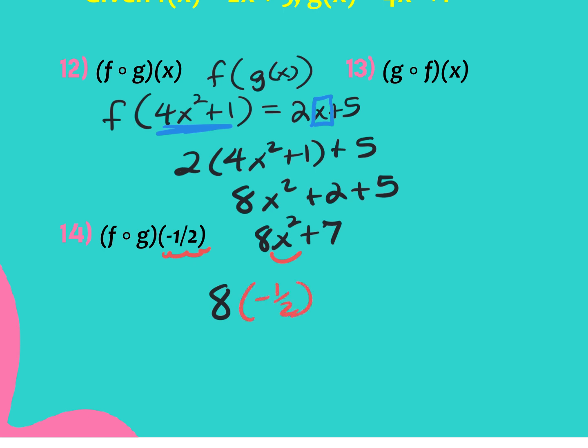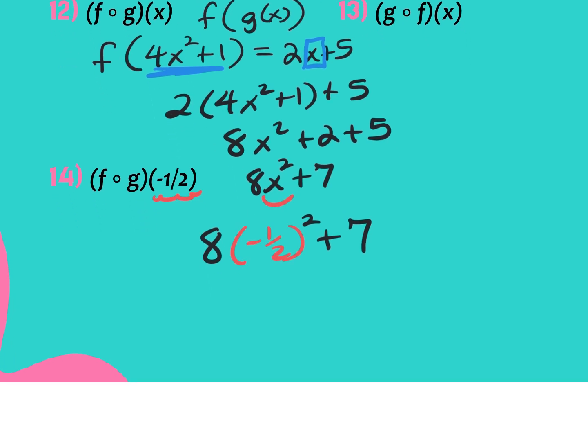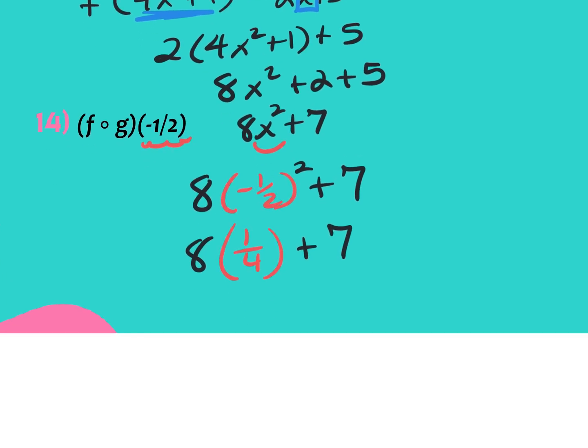Negative 1/2 squared plus 7. I'm going to square, do the exponent first. Negative 1/2 times negative 1/2 gives me positive 1/4. I now need to multiply that with the 8. I get positive 2. Add it to the 7, and I get 9.